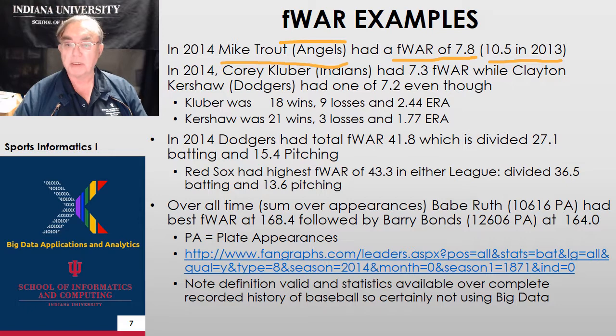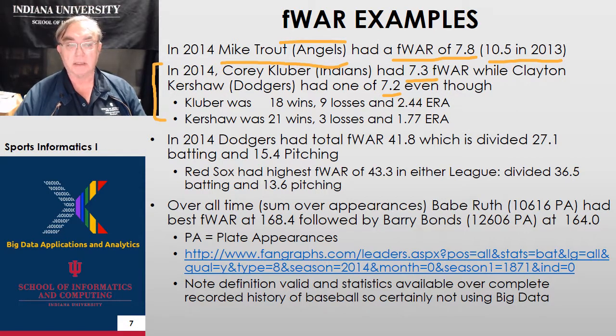If you look at pitchers, it's actually interesting. Pitchers have a similar value. The 2 top pitchers were Corey Kluber and Clayton Kershaw. They had 7.3 and 7.2 as their fWAR.